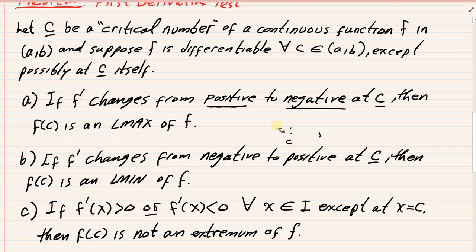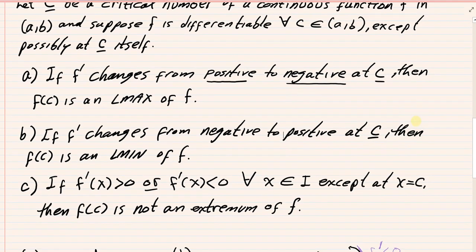Now if the sign of the derivative, the slope of a tangent, changes from negative to positive, so this time it's going down, negative, and at c it transitions into being positive. The transition is there at c. Therefore, the function must have a local minimum at c, or a relative minimum at c.